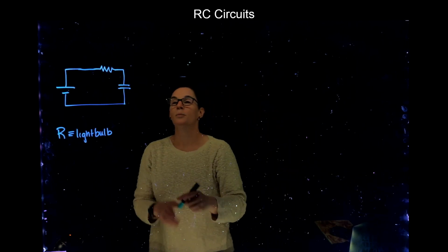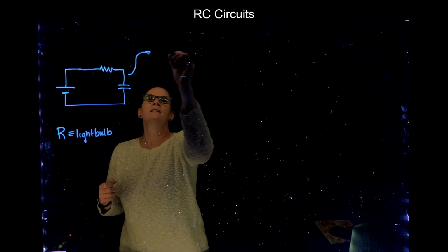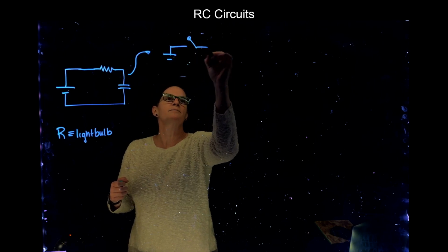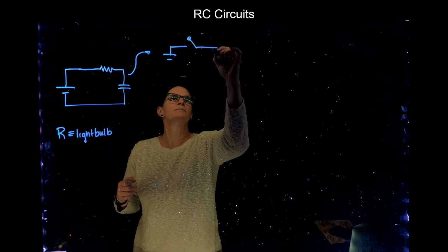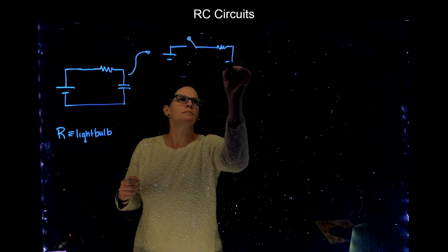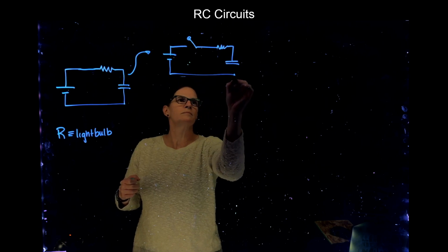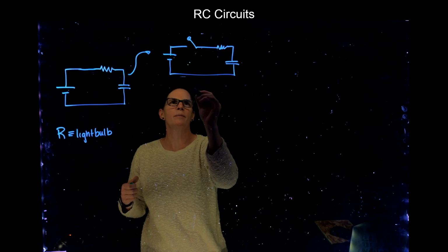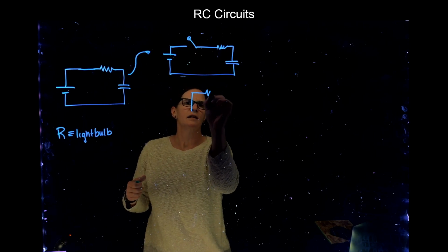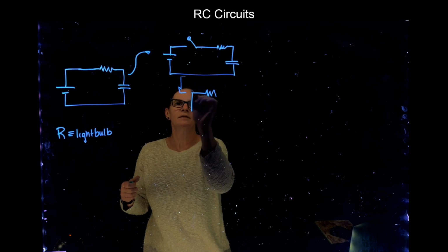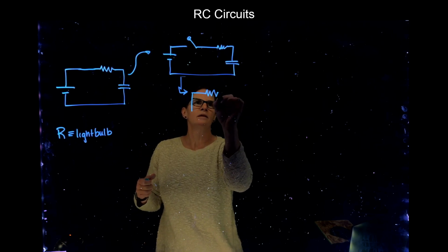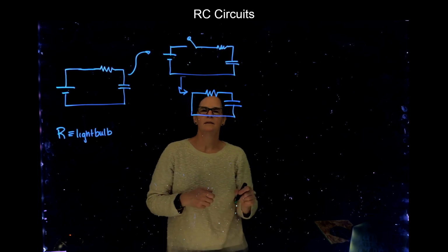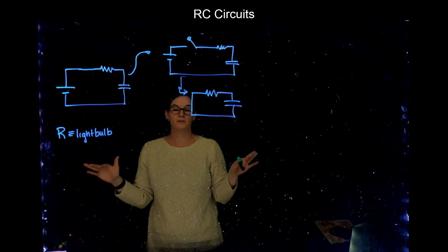Okay, so the process is first, I reopen the circuit. I take this switch and I get rid of the battery altogether, and I'm left with a resistor and a capacitor alone.